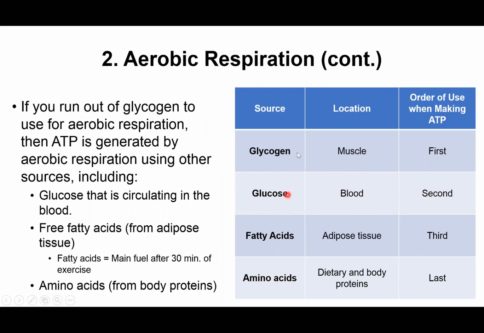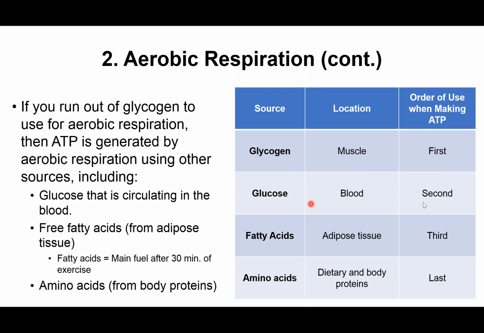So if we run out of glycogen, then we start using glucose. If we're using this glucose, as you can imagine, this is going to drop your blood sugar. All right, and so you might become sort of lightheaded, dizzy, faint, that sort of situation. But at least we can make ATP for muscle use, right?